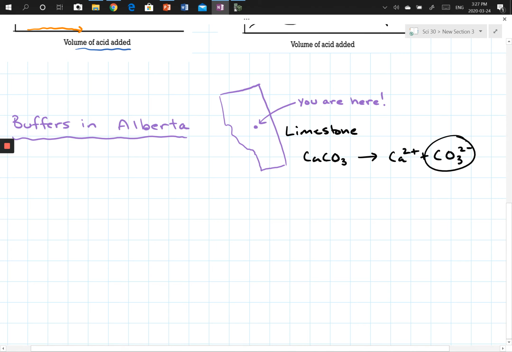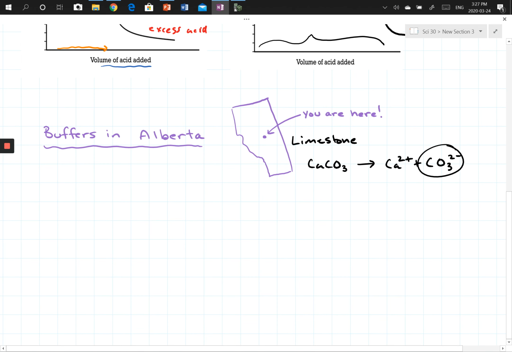Now, those carbonate ions are a weak base. And that weak base in our soil is going to act as a buffer for us, and it's going to help us withstand acid precipitation changing the pH of our soil and protecting our ecosystems that way.